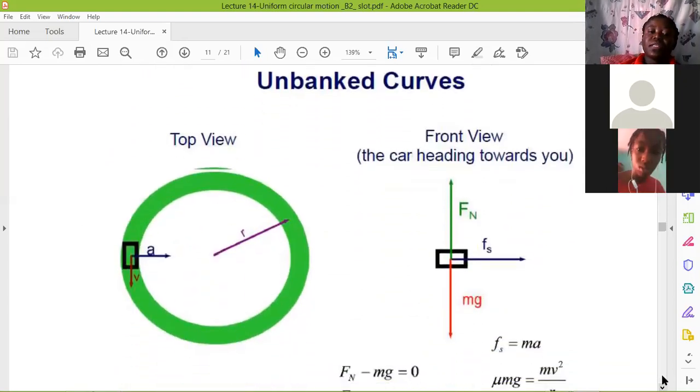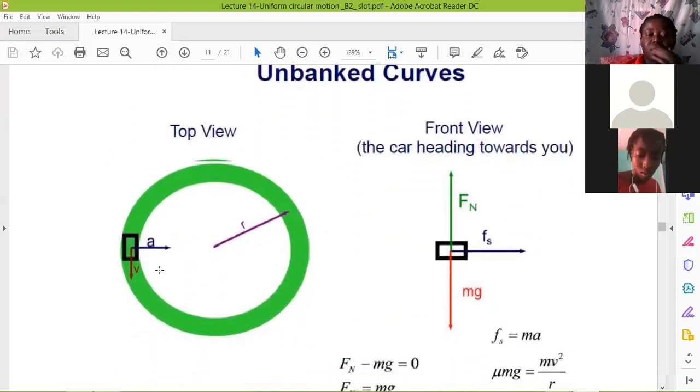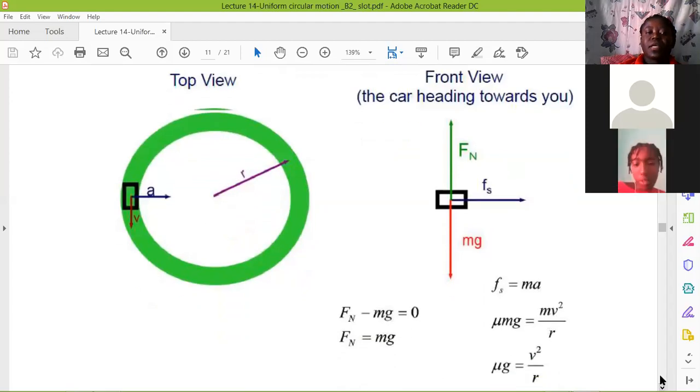Okay, so if this is an unbanked curve, then here in the top view, remember we are looking at the horizontal forces.